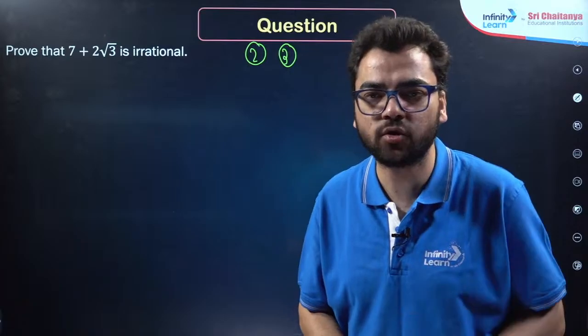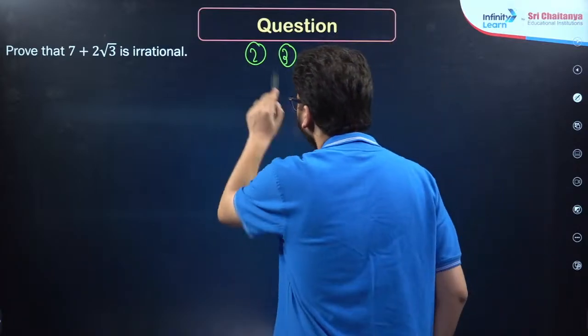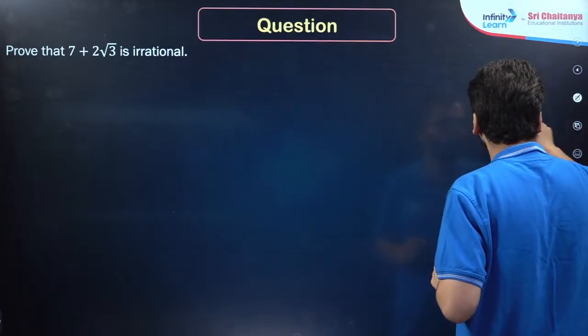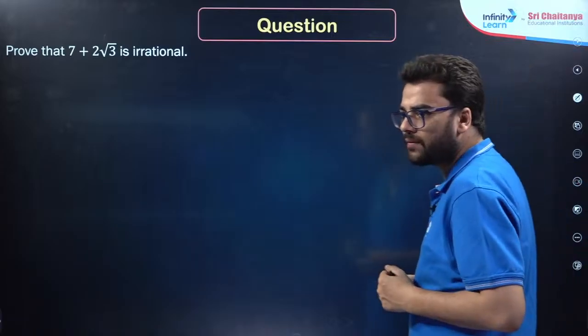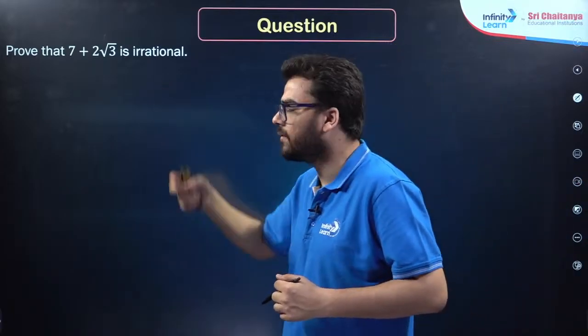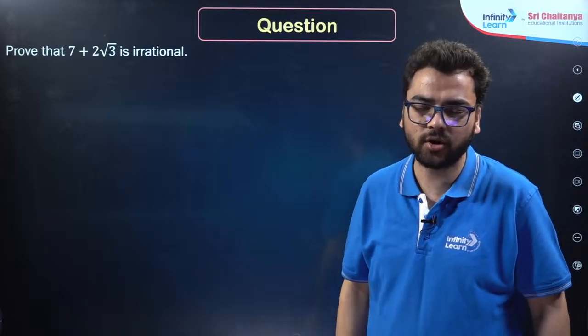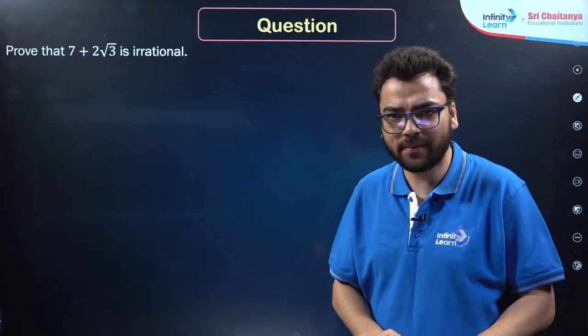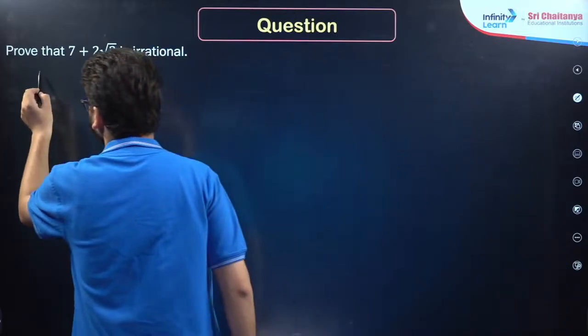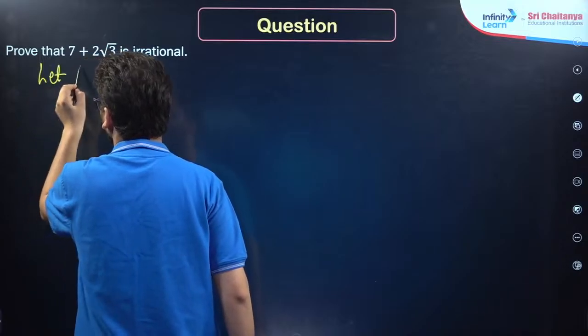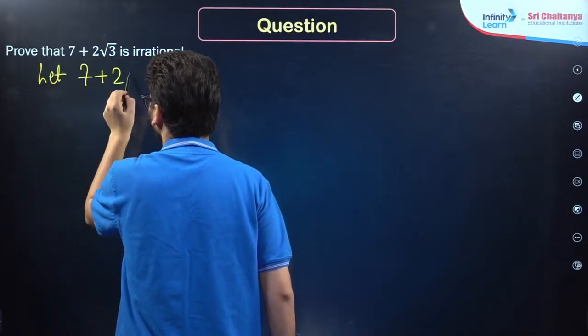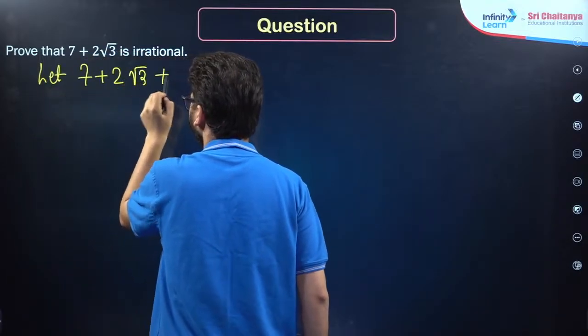You can assume that, because the question will be of 2 or 3 marks, not more than that. I hope that one is clear. But suppose it is coming for 5 marks, you have to prove separately that root 3 is irrational.